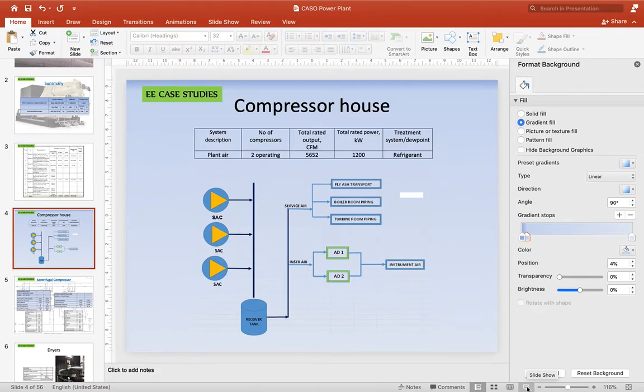Today I'm going to explain, continuing my last presentation about the compressed air system on the coal power plant, one of the biggest power plants in Java, located in East Java actually.